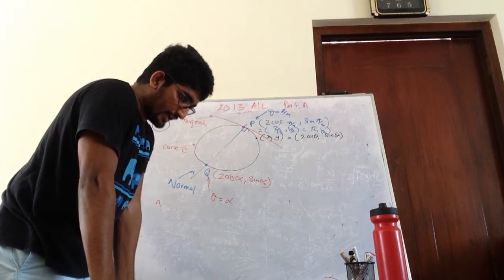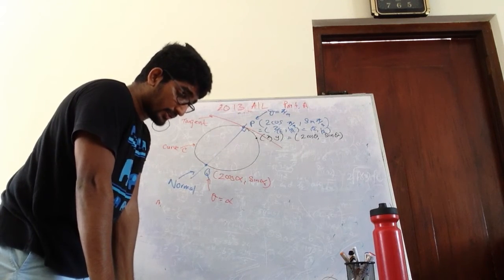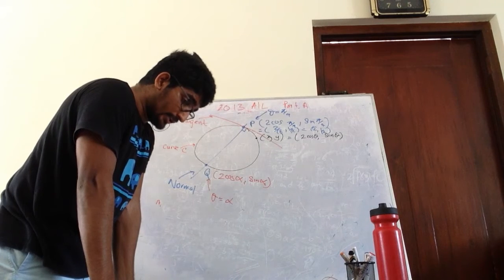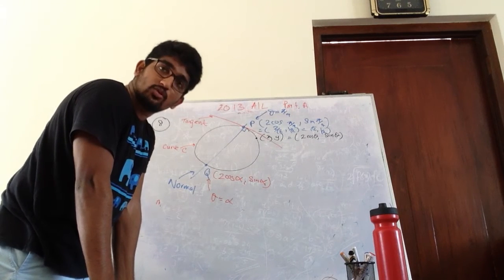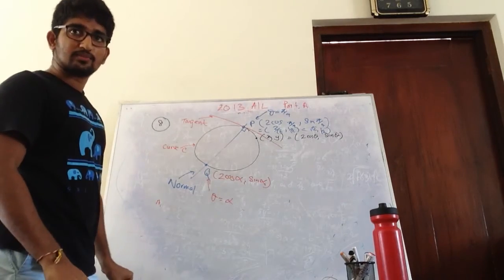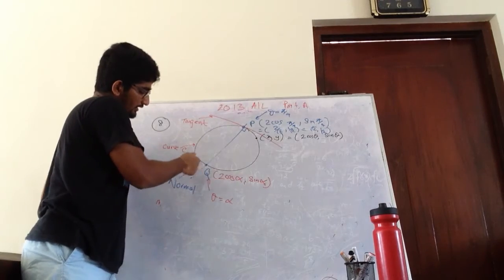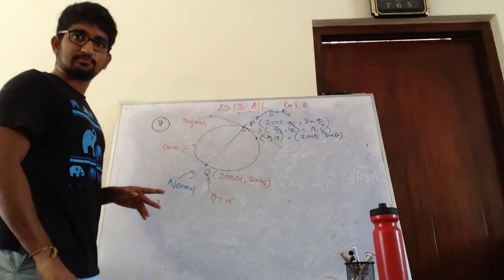So they are asking us to show that 2 sin alpha minus 8 cos alpha plus 3 times square root 2 is equal to 0, right? Now there is an alpha here, so they are definitely asking about this normal line.